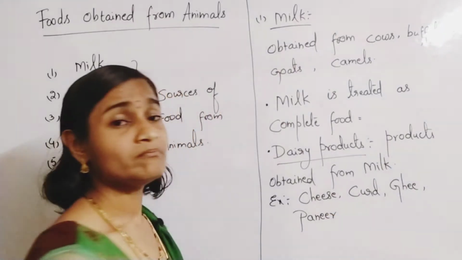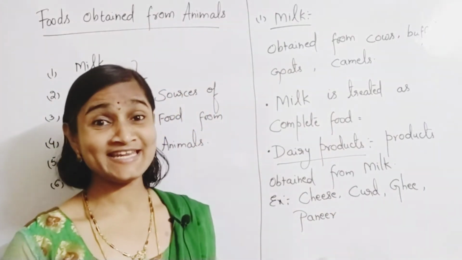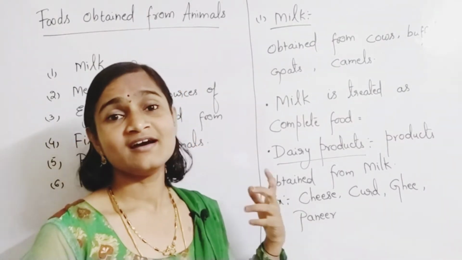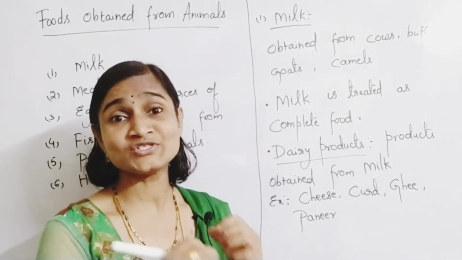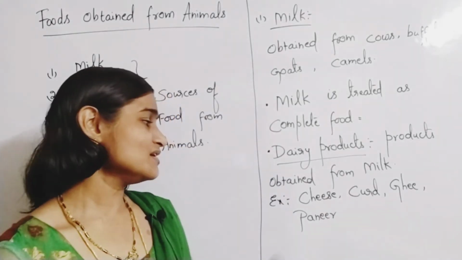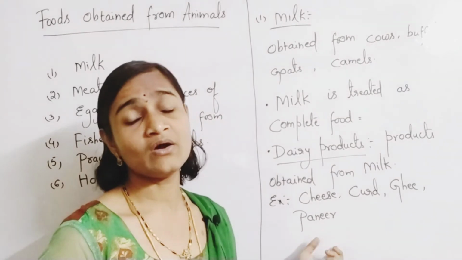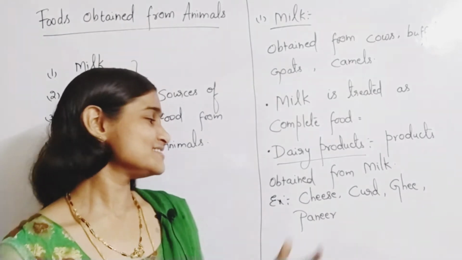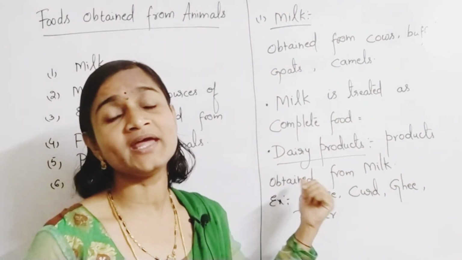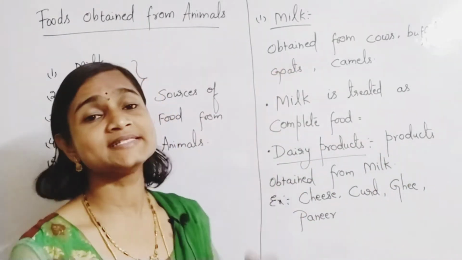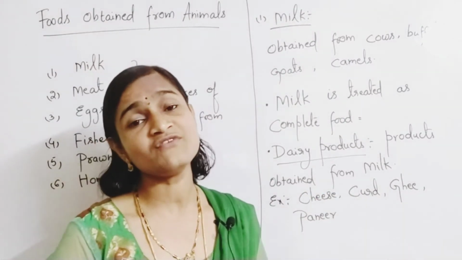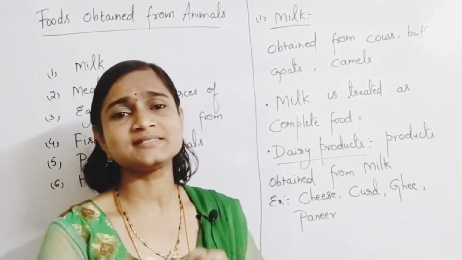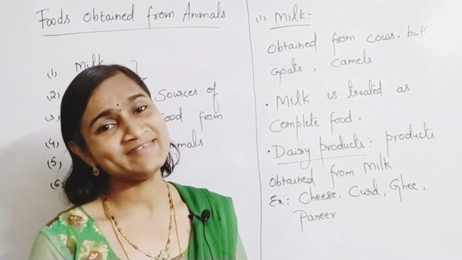Most of us like paneer curry, isn't it? Paneer butter masala and many curries we make with paneer, a rich source of protein. So cheese, curd, ghee, paneer, all these substances are called dairy products, the products obtained from milk. From milk itself we get different types of products. That's why milk is one of the best foods obtained from animals.